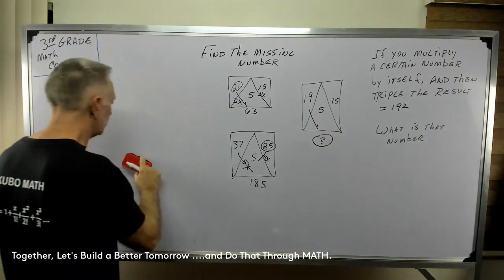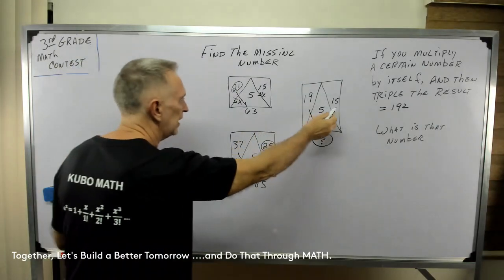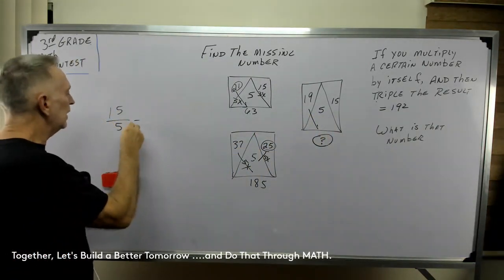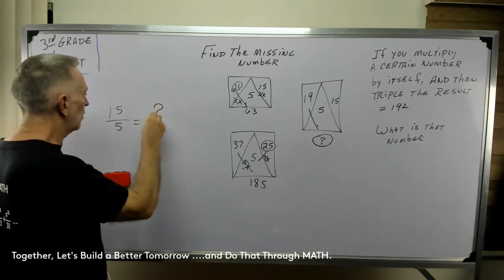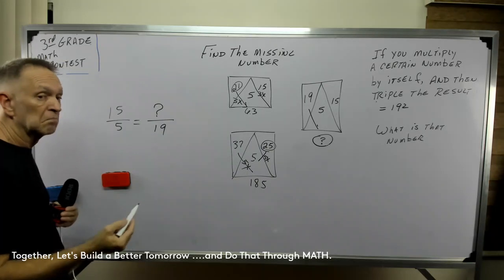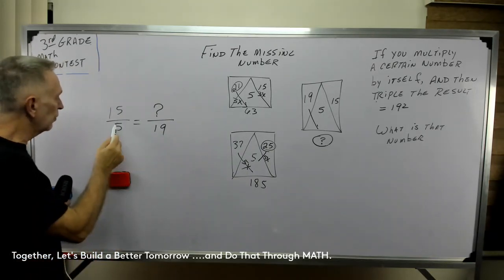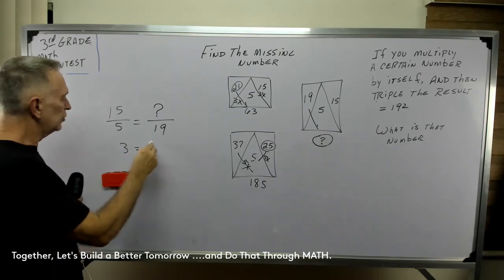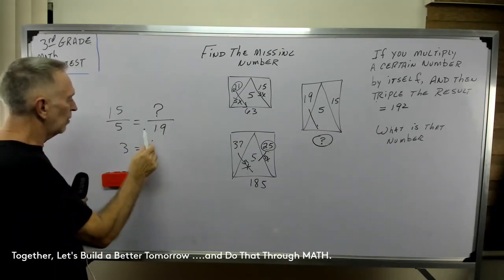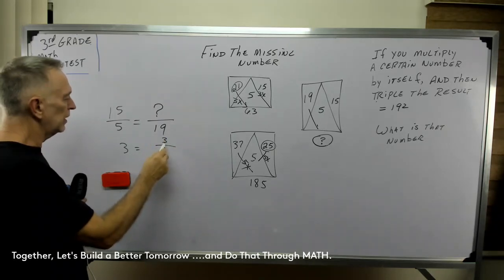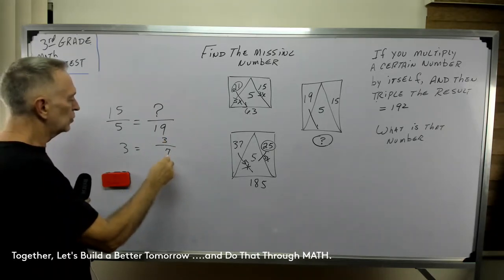So let's write that down. 15 over 5 equals this question mark over 19. Hey, okay, so 5 will go into 15 3 times, and that should equal question mark over 19. So let me multiply 19 times 3. 3 times 9 is 27.